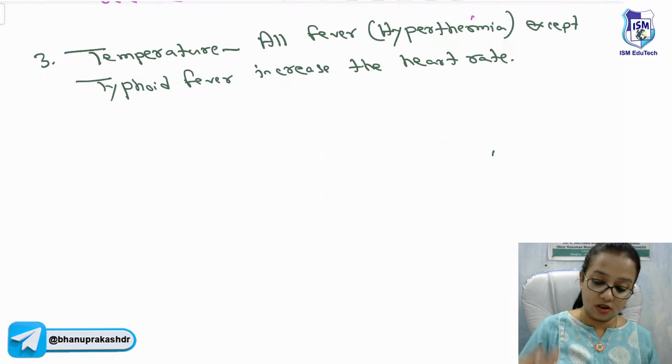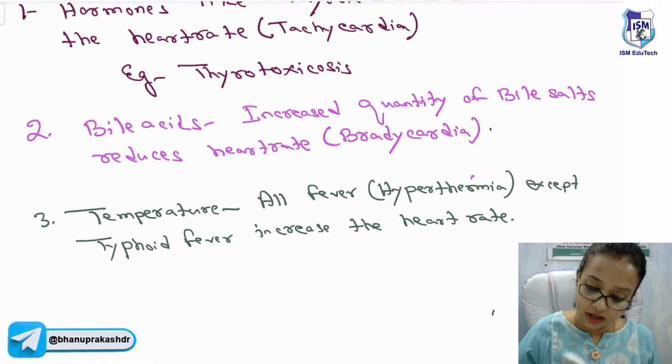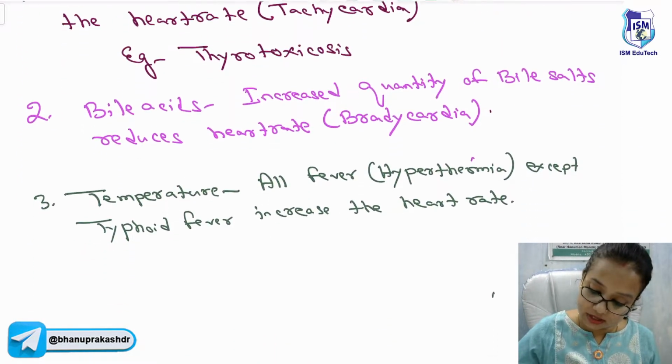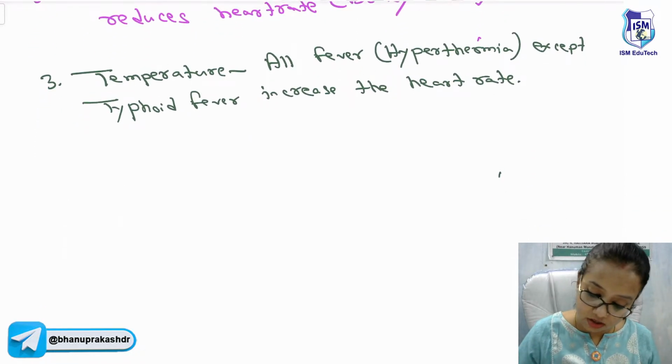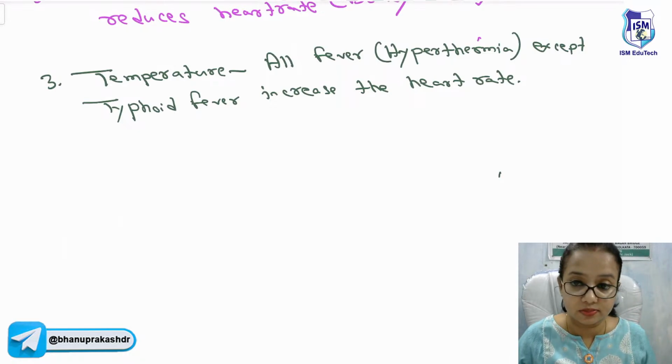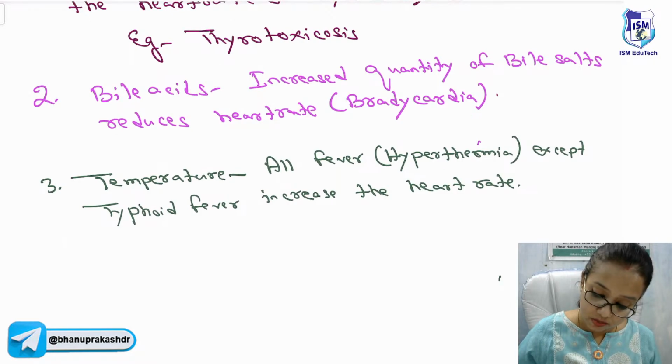Okay, these are the effects of the hormones, the bile salts and the effect of the temperature. Okay, which we have to remember. These are the various effects of these agents on the heart rate. Okay.